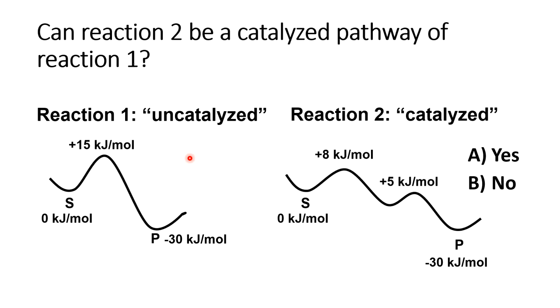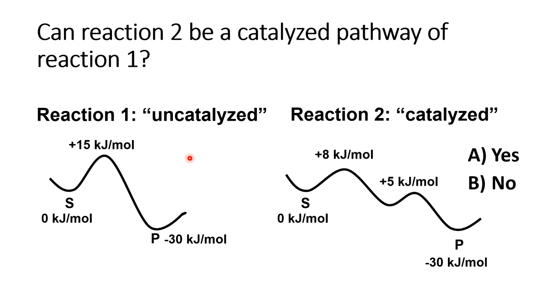Okay, so if we look at the catalyzed reaction, we might expect a different pathway. One thing that needs to be the same is the energies of the reactant and the product wells. Remember, an enzyme cannot change the thermodynamics of the reaction. If the enzyme catalyzes conversion of S to P, the change in free energy has to be the same.